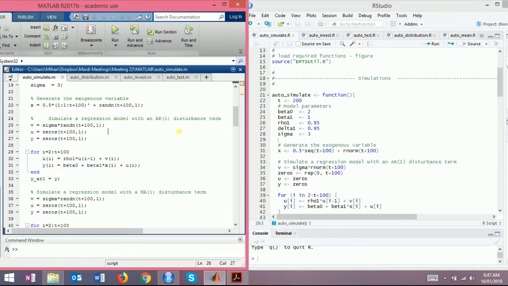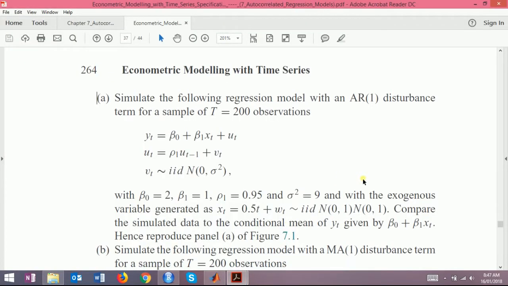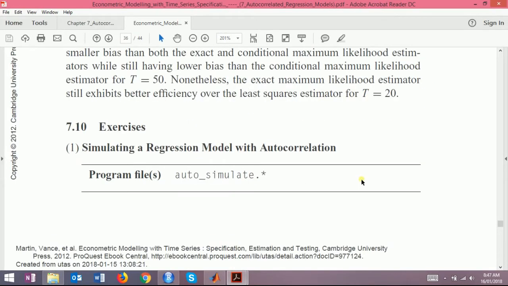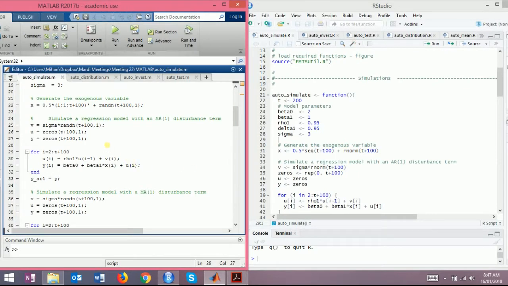Simulate a regression model with AR1 disturbance term, where the exogenous variable has been generated. Now v is sigma. See, ut is not IID now, v is IID.